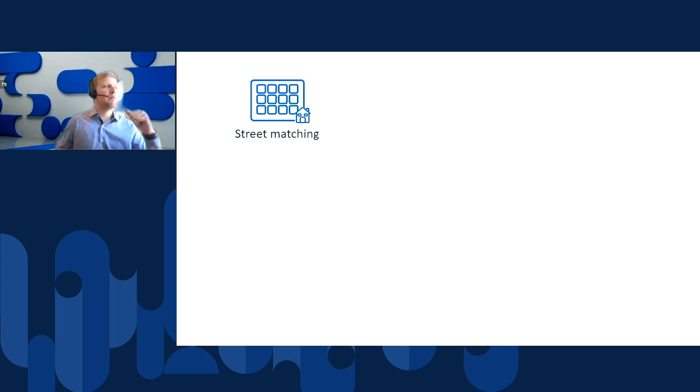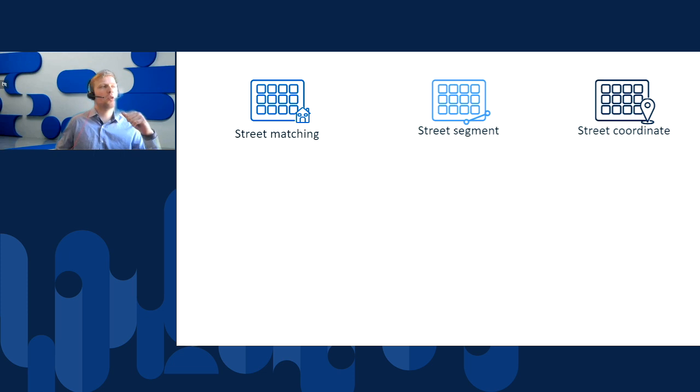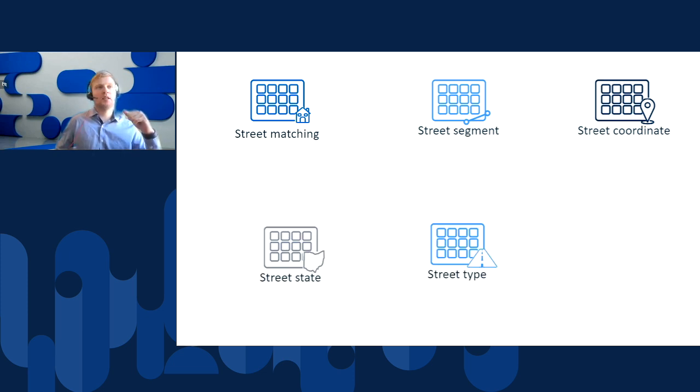You need a street matching dataset, a street segment dataset, a street coordinate dataset, a street state dataset, a street type dataset, and a street directional dataset. So I'm going to quickly go through what each of these does and what they consist of. But if you do want more information about how all of these pieces work, there are a lot of great resources in the SAS documentation that provide more information about how all of these are constructed.